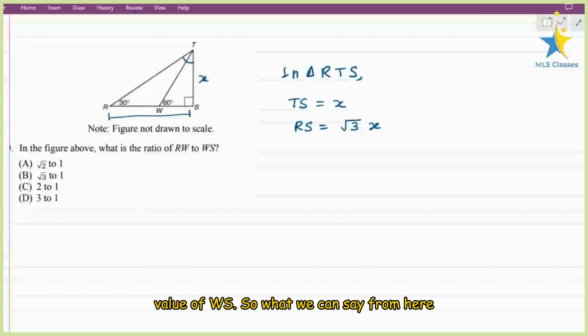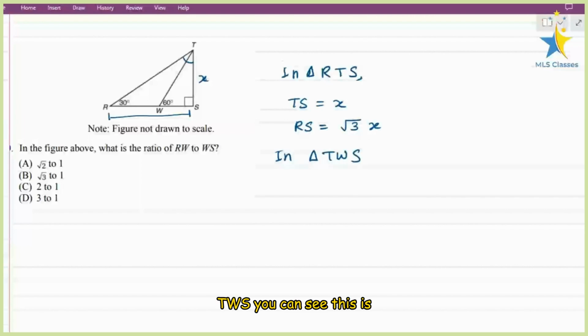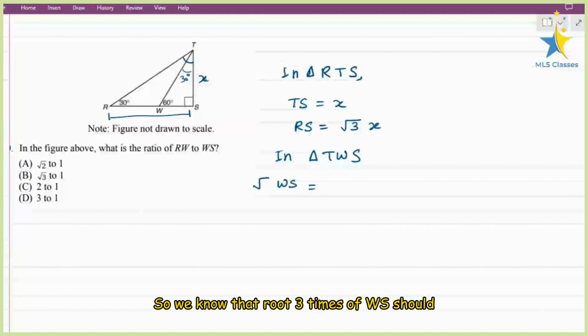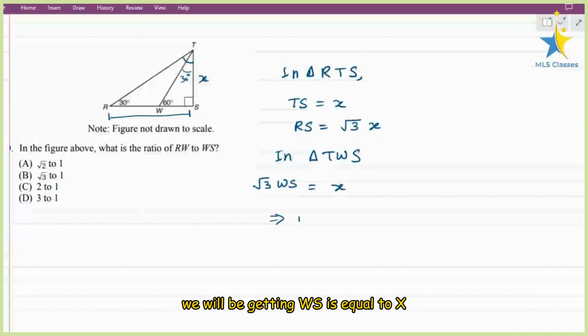In triangle TWS, this is again a 30, 60, 90 degree triangle where this is 30 degrees. Here WS is the shorter leg and TS is the longer leg. So root 3 times WS should be equal to TS, which is x. From here we get WS is equal to x over root 3.